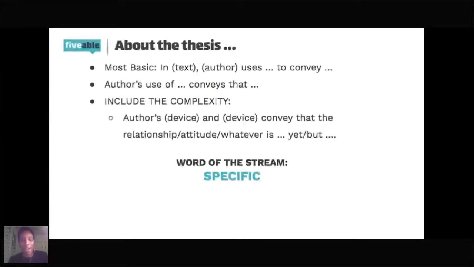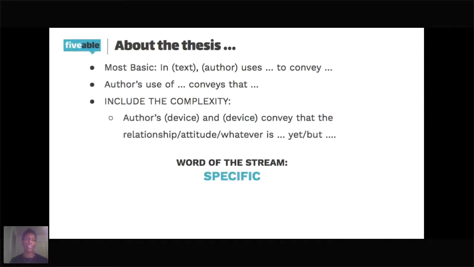I say prompt, prompt, and they hate it. But if the prompt tells you that there are devices used to convey a complex attitude, you want to make sure that you are using a thesis that establishes what the devices are and what the attitude is. Sometimes when people are trying to put a thesis together, they just say, oh, he uses devices to convey the attitude, which just parrots the prompt.